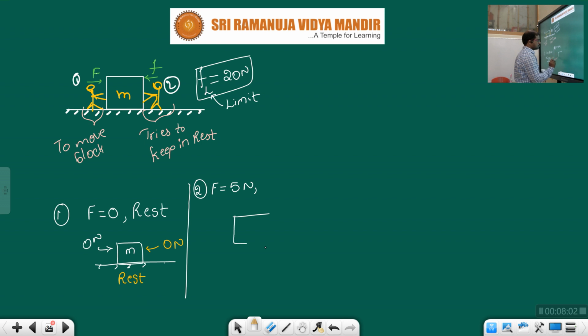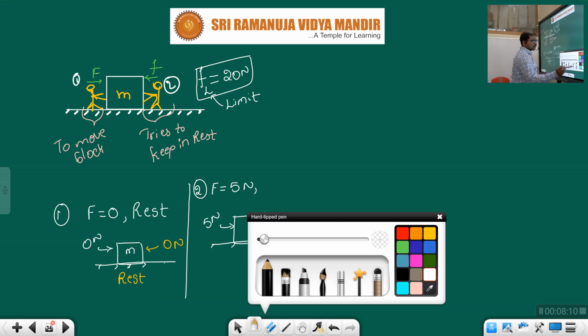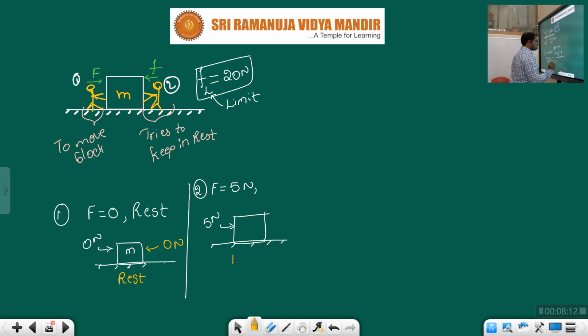See, this is the block. Now the first person increased the force to 5 newtons. In order to keep the block in rest condition, in order to make it equilibrium, how much force will the second person apply, children? 5 newtons only, no? If on either side there are 5 newtons, then the block will be in rest condition.